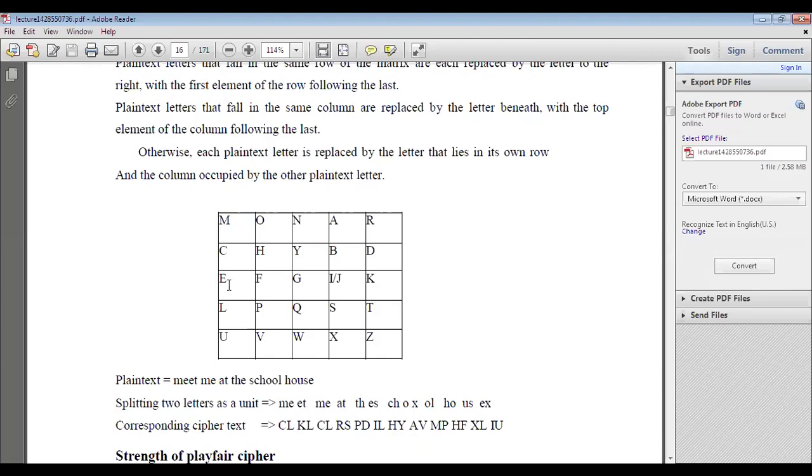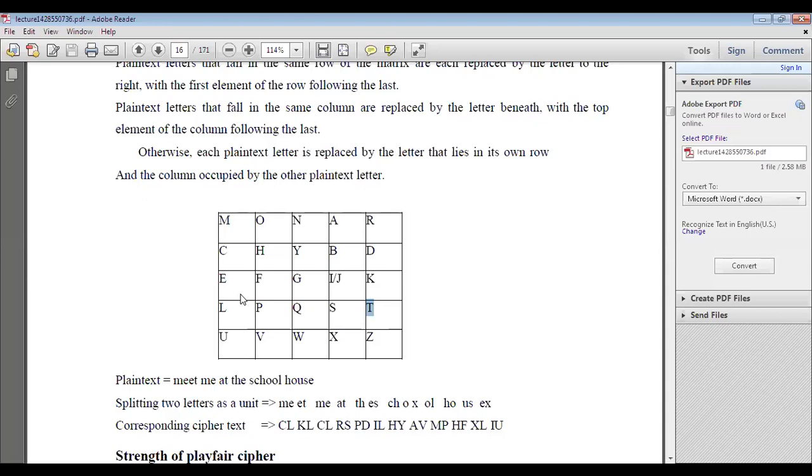C. After E, what is the next letter in that column? L. So I want to replace it with CL. Similarly, ET: here you have the E and here you have the T. These two letters I want to replace with KL.